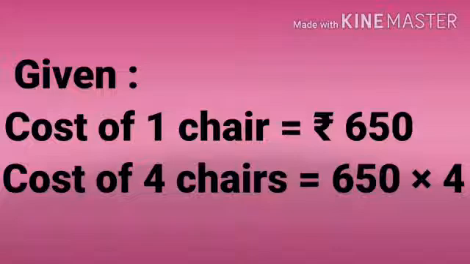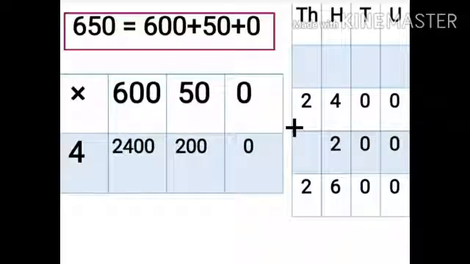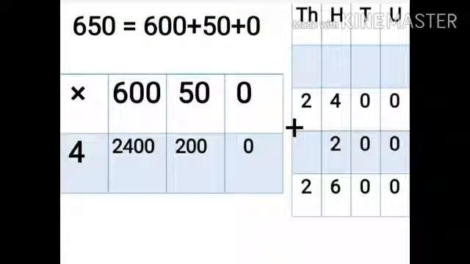So first we will write the expanded form of 650, that is equal to 600 plus 50 plus 0. Now going on to the multiplication, 4 multiplied by 600, the product is 2400. 4 multiplied by 50, the product is 200. 4 multiplied by 0, the product is 0.